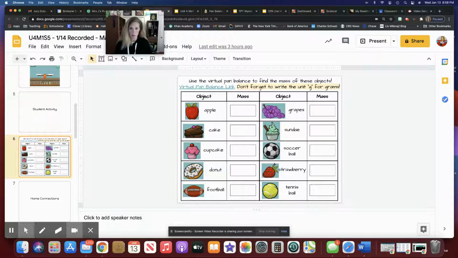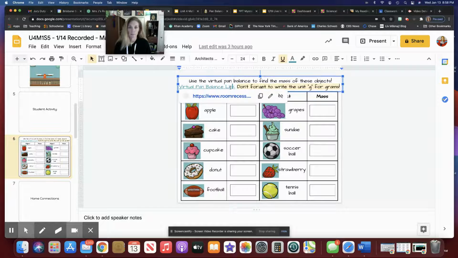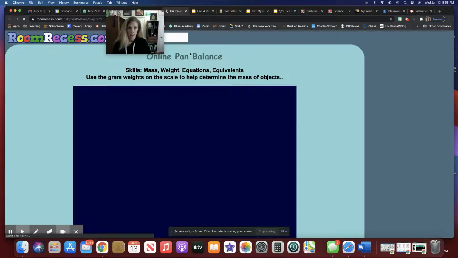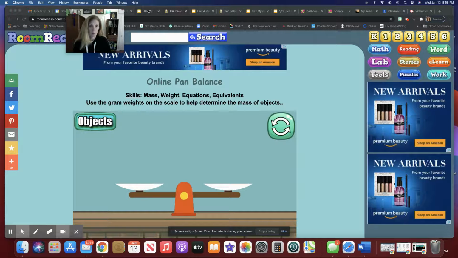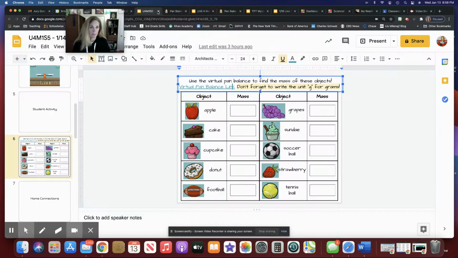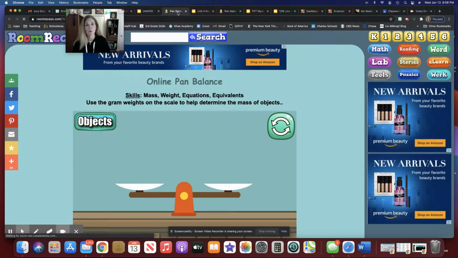So I'm going to show you how you do that. You're going to click on this link, and then you're going to click on the link, and it's going to take you to a new website. You're still going to have the old website. The new website's going to be right next to the old website in a new tab.